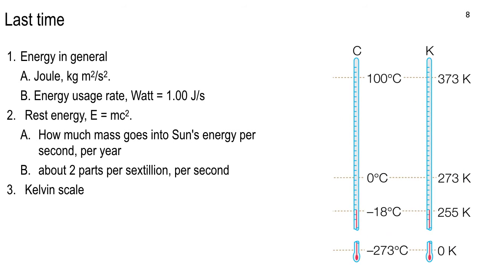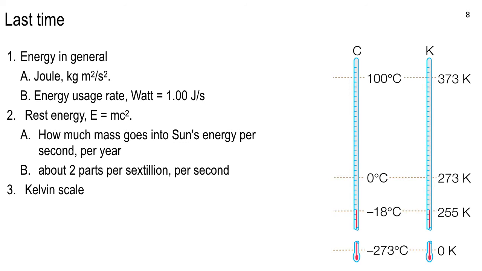Another thing that we talked about last time was the Kelvin scale. I'm going to give you a clicker question on this in just a minute. Remember, this is the metric scale that we use for thermodynamics. Basically, it's a scale where every temperature is positive. It's based on our idea of the kinetic theory of gases, in which the temperature is a function of the average kinetic energy of the particles in a gas.